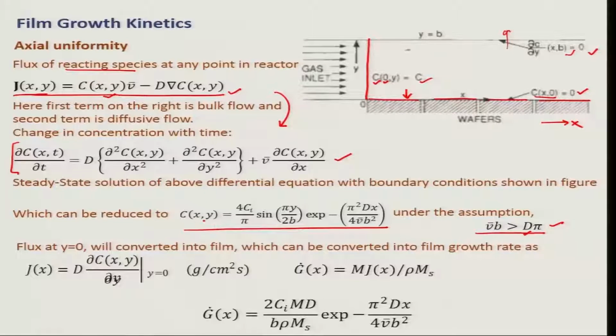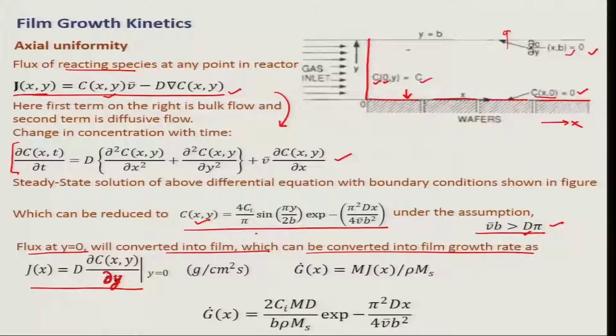At any given point we know how much concentration of the reactant is present. Now, flux at y equal to 0 will be converted into thin film, which can be converted into film growth rate. So, any flux at y equal to 0 in this direction will be converted to thin film. So, if we know this C(x,y), then we can compute this, dy.